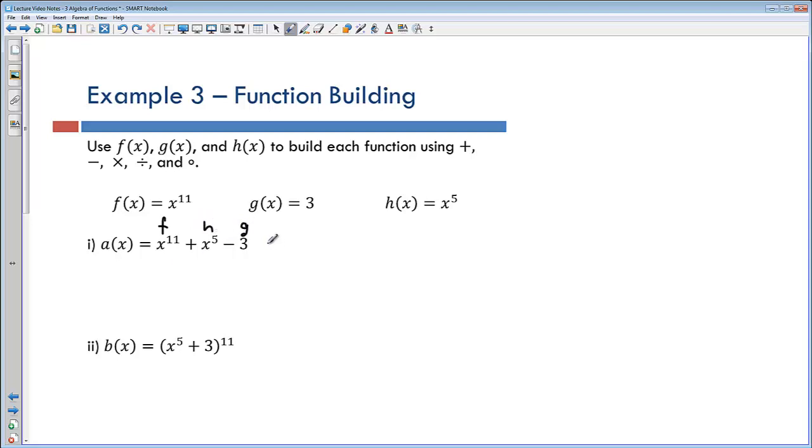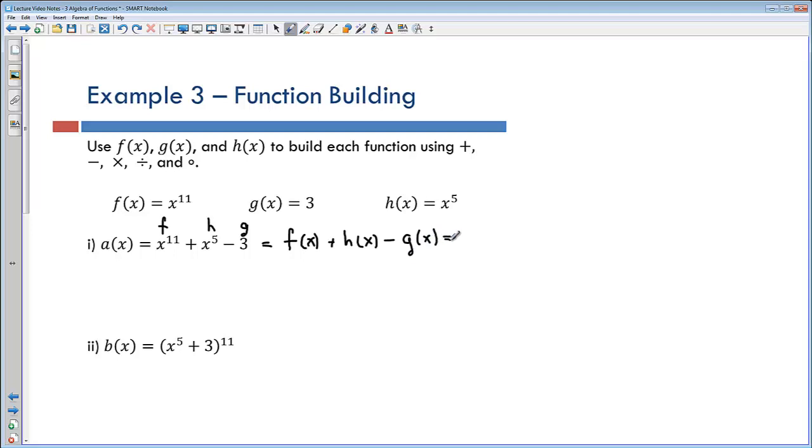So we can rewrite this as f of x, that's where we start. That's your x to the 11th. And then you're adding the h, so h of x. And then you're taking away 3, which is the same thing as g of x.